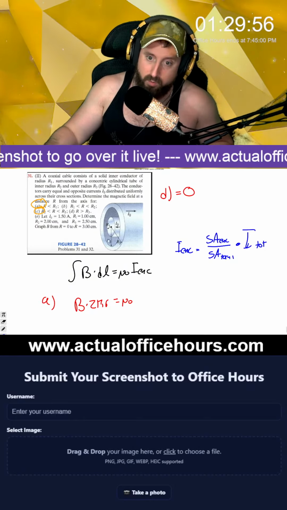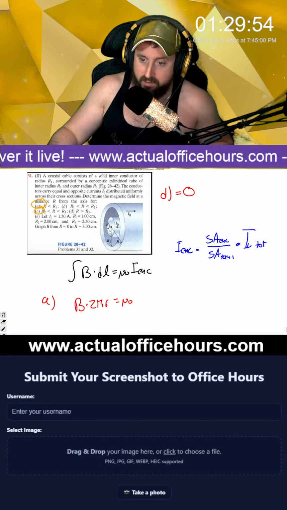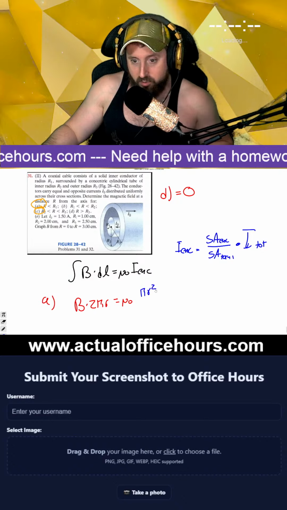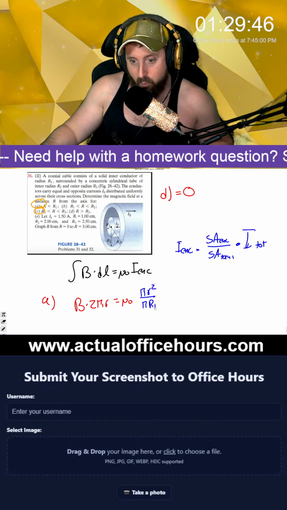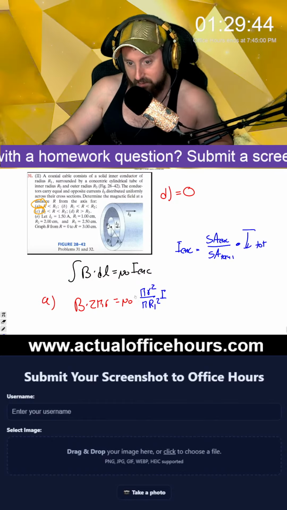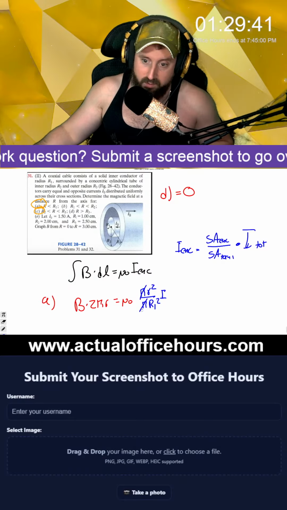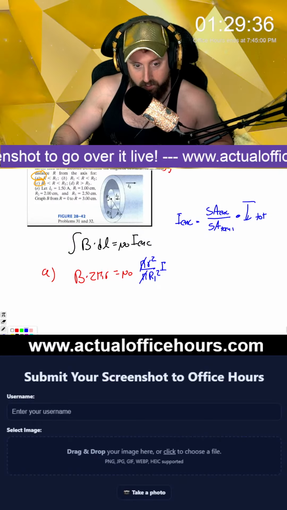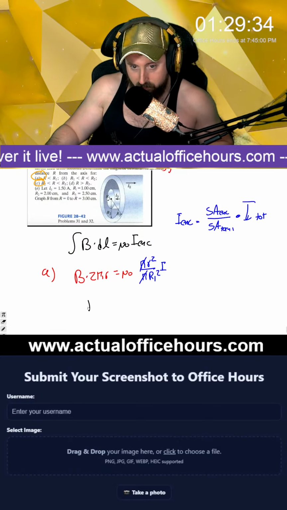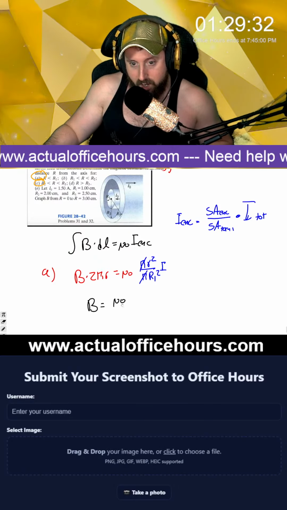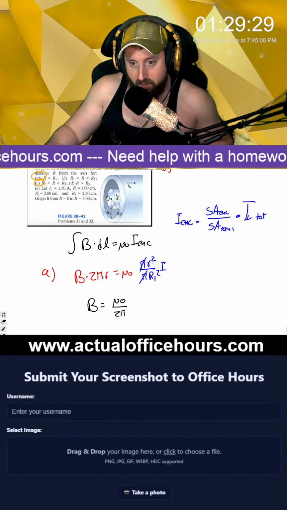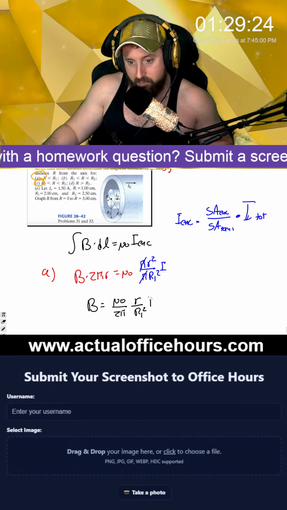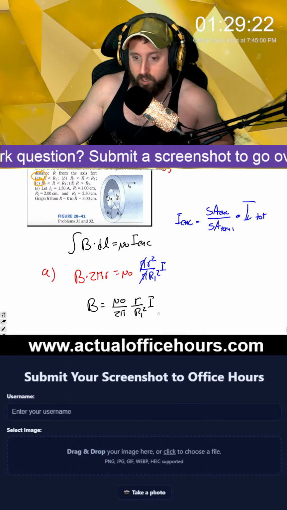So in this case, when R is less than R1, that's going to be pi little r squared over pi R1 squared, times I. So then this cancels, and you can move the 2 pi r over, so you get B is equal to mu naught over 2 pi, and r squared over r is just r, so you get r over R1 squared times I naught.